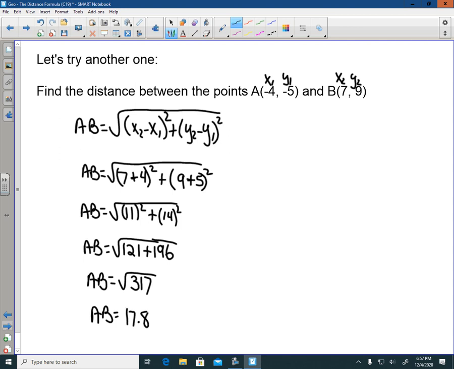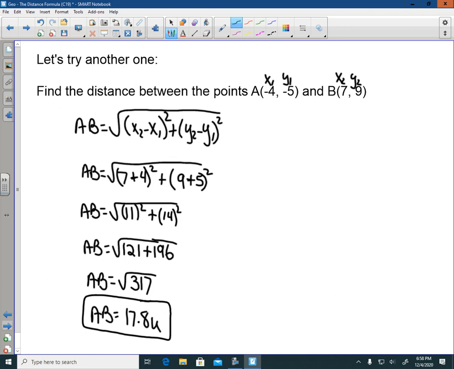Rounding is a thing. I like to round to 2 decimal points just because it's more exact. It's closer to the right answer. But we got 17.80449381, and so that 0 after the 8 isn't really necessary. So 17.8 is good enough. And now we know that this segment is 17.8 units long.